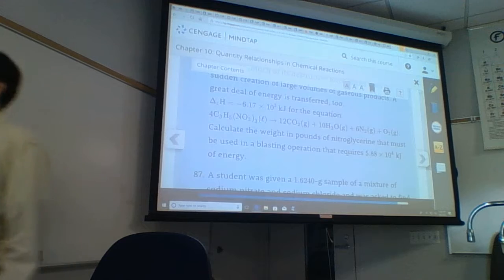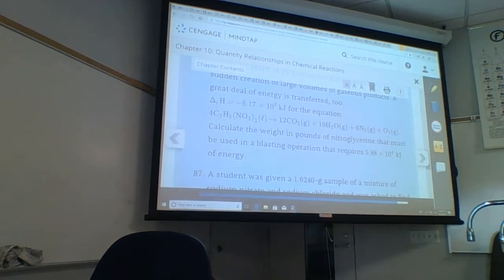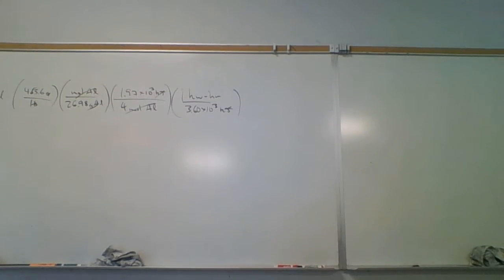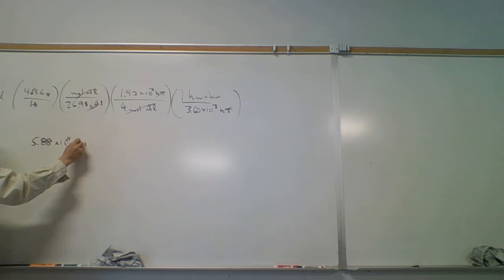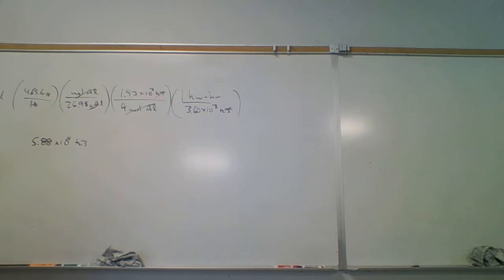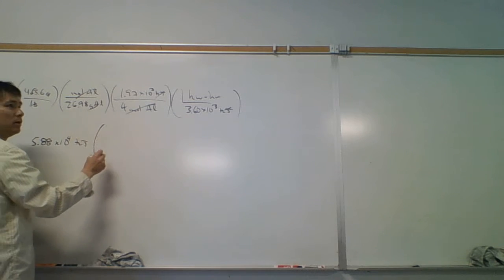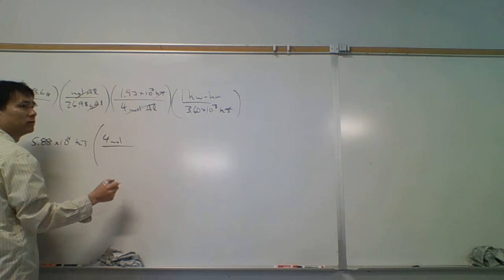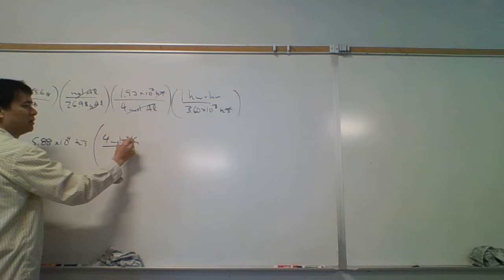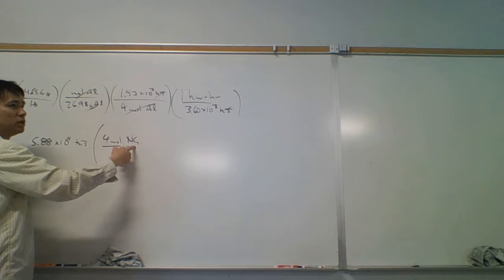So that's exothermic. So what I do is I just change the sign. I'd write something though when I change the sign. So here it's 5.88 times 10 to the 4th kilojoules. That's the amount required. And then what we know is this. We needed that for every 4 moles of nitroglycerin. Nitroglycerin is kind of a long formula, so I'm just going to abbreviate it NG.